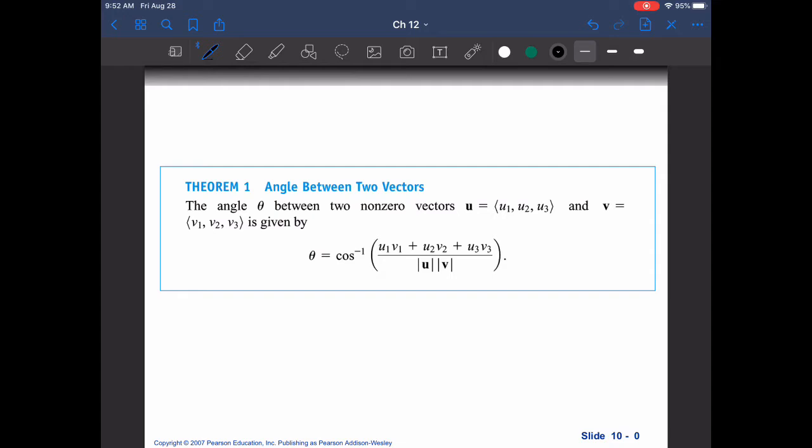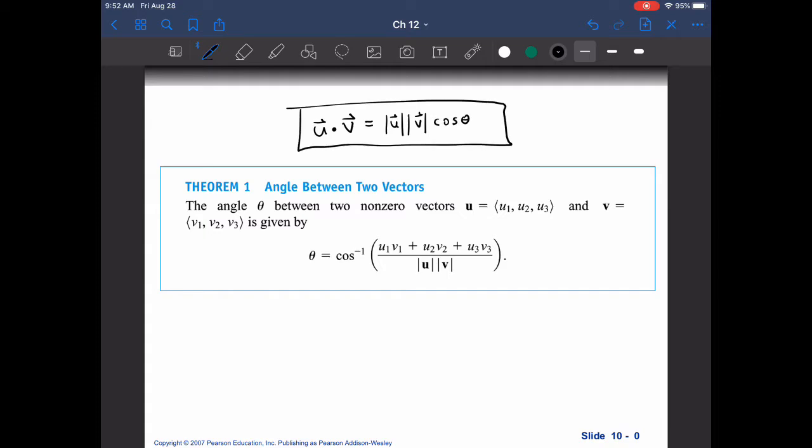We can actually replace that whole equation with something like this: vector u dotted with v equals the magnitude of u times the magnitude of v, the lengths of the vectors, times the cosine of the angle between them. That's a very important one that you're going to want to remember. And that's essentially what this big thing is right here. It's just solved for theta and written out in long form, assuming you didn't know how to actually calculate that dot product.